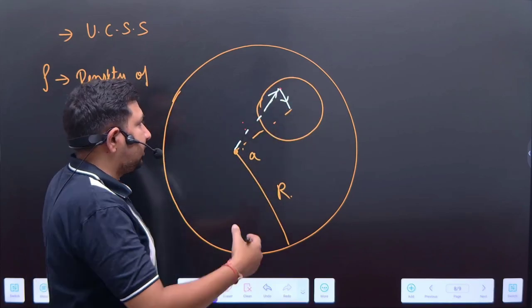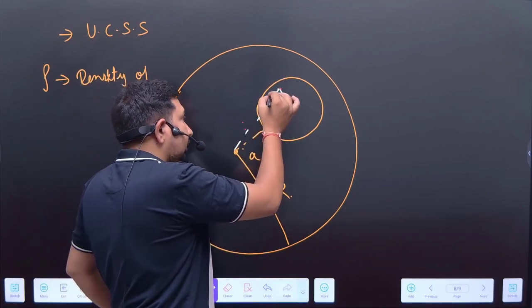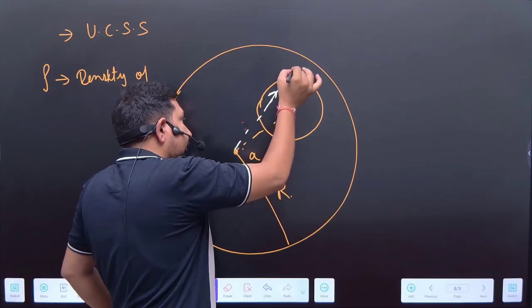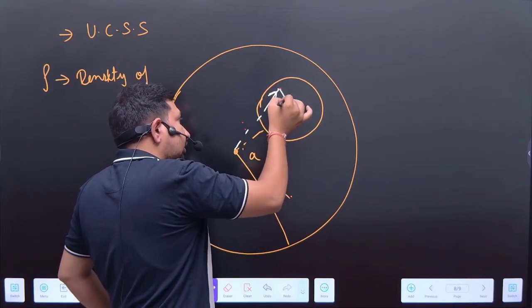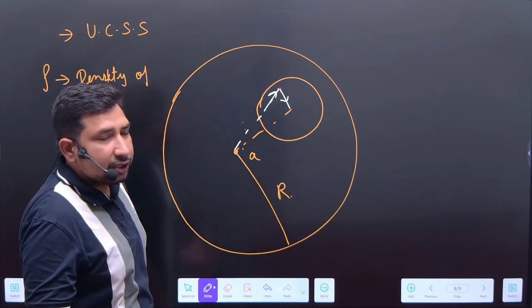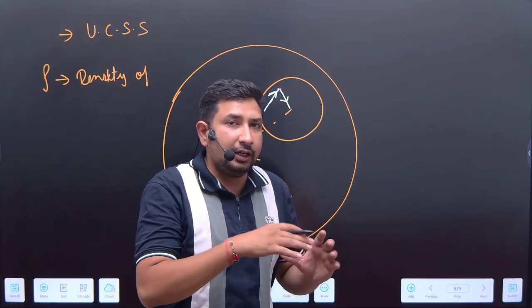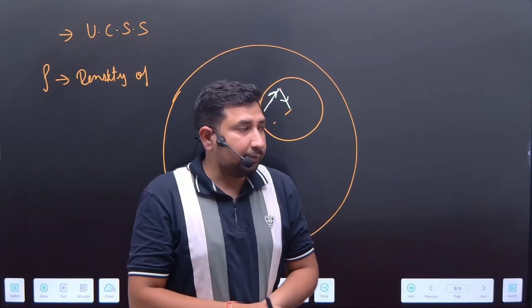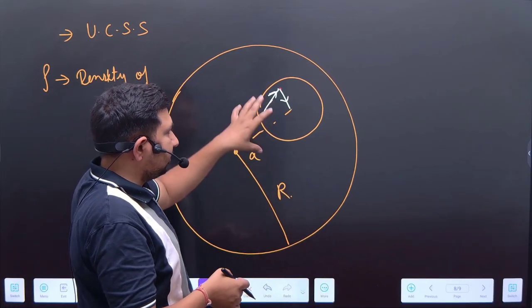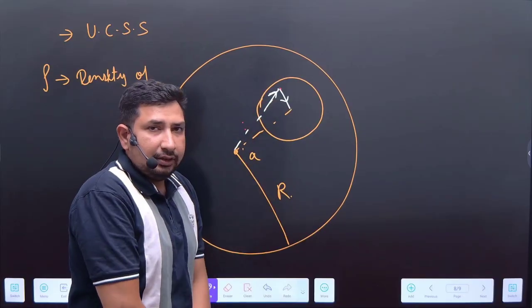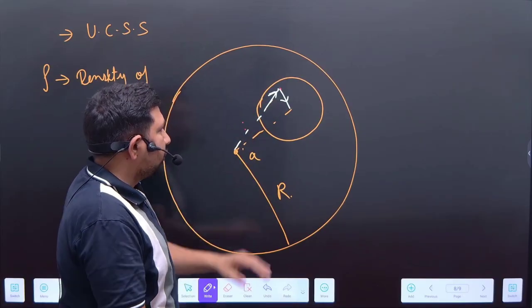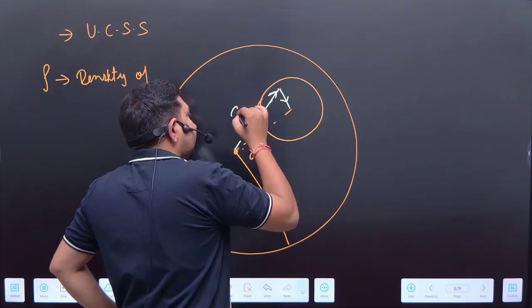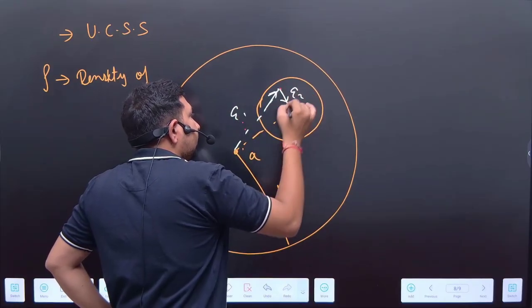And if we add these two electrical fields, one is away from the center, another is towards the center. Why is it towards the center? Because we are considering it as negative, right? So if we take the vector sum of these two fields, that will give us the resultant electrical field. So it is E1 and it is E2.